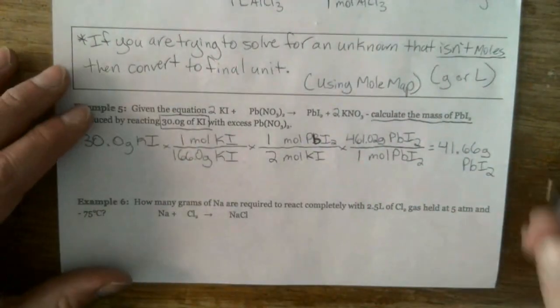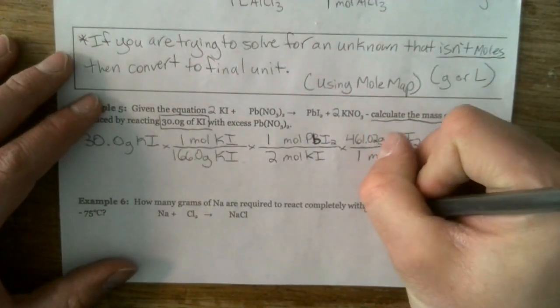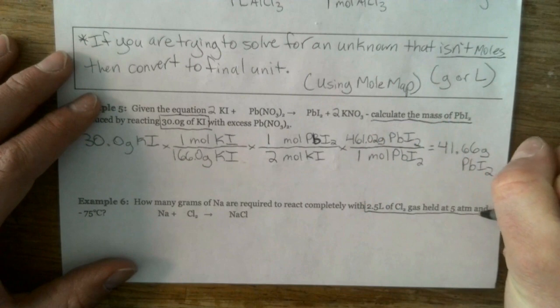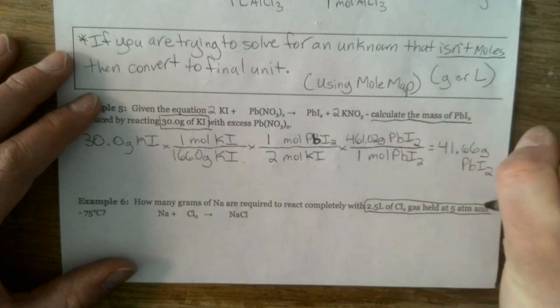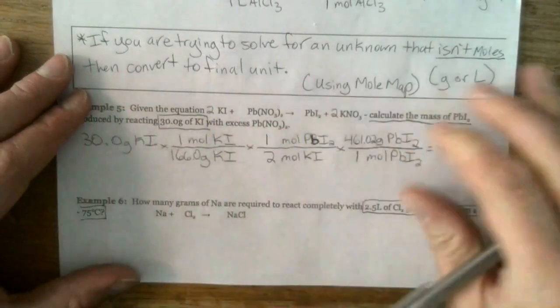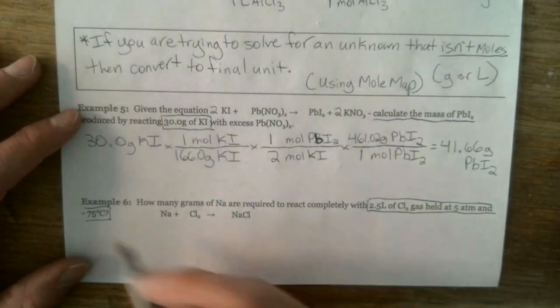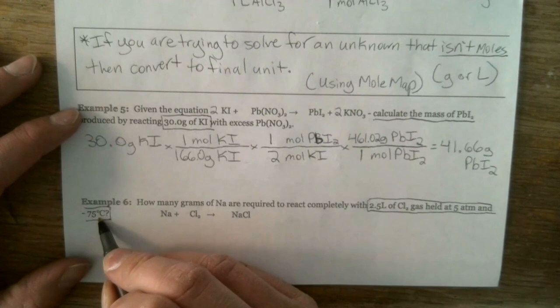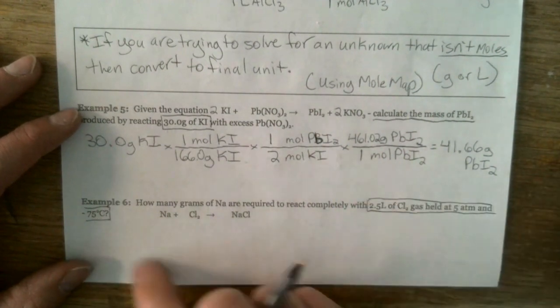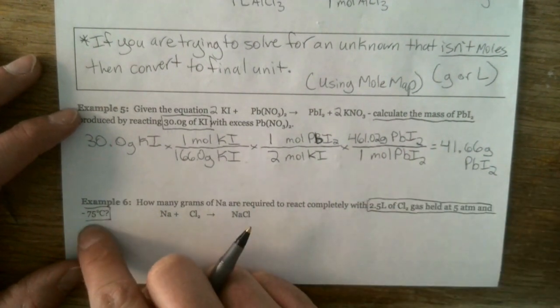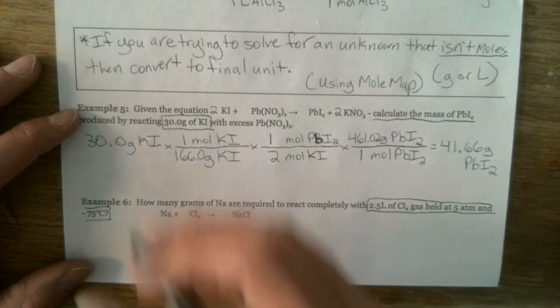Again, all we really need to do is plug into this equation to solve for the given number of moles. So we're given all this information here, and then the temperature right there. Now, we need to keep in mind that the temperature is in degrees Celsius, so we will need to convert this into Kelvin.